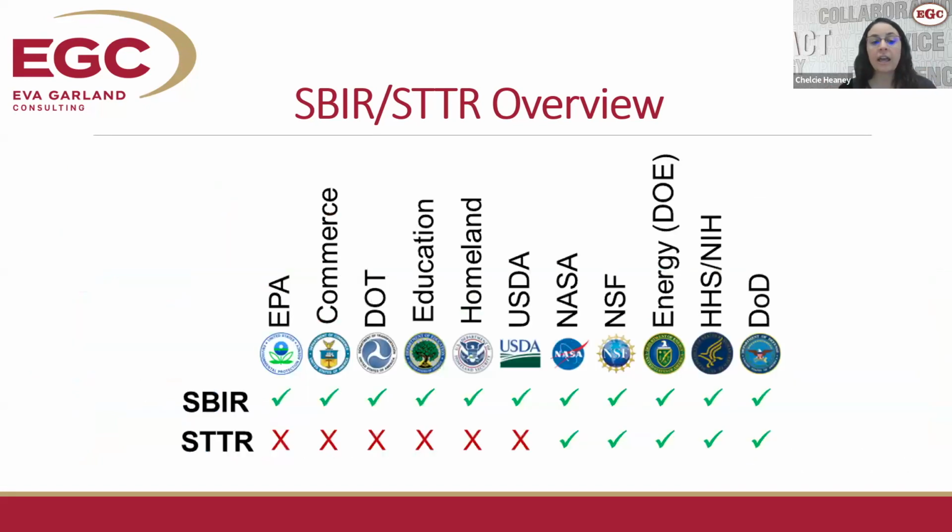There are multiple deadlines for these different agencies across the year, but keep in mind that not every agency supports both SBIR and STTR funding. It's easier to say what the difference for STTR is: with STTR, you're required to partner with a nonprofit research institution, whereas with SBIR, you have the option to, but you're not required to.